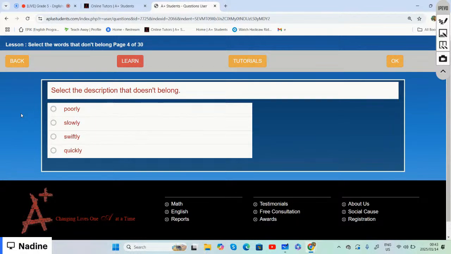So the description that doesn't belong, we have poorly, we have slowly, we have swiftly, and we have quickly. Tells us the pace in which something happens. The pace.